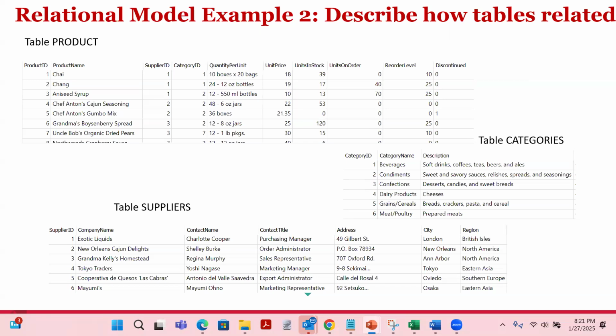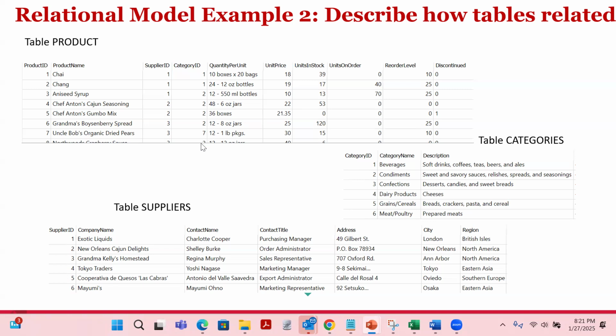All right. Similar to the previous example, we are looking at columns that look the same in the tables. In this case, we have a product table that has supplier and category ID. The categories table has category ID. So most likely the link between categories and product is going to be based on category ID, right? And category ID is going to be a primary key in the categories table and a foreign key in the product table.